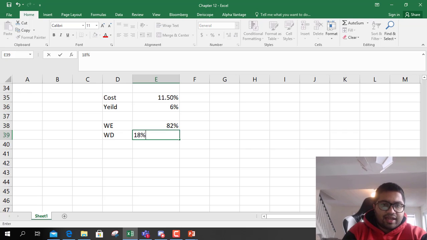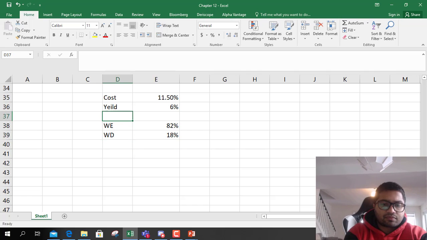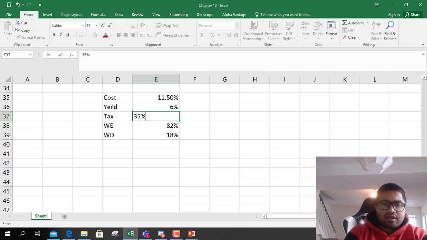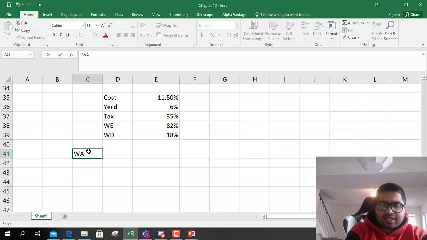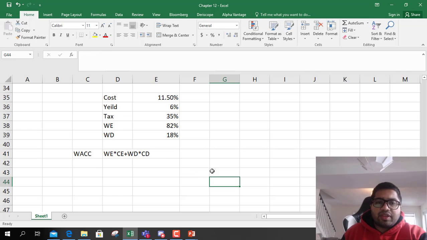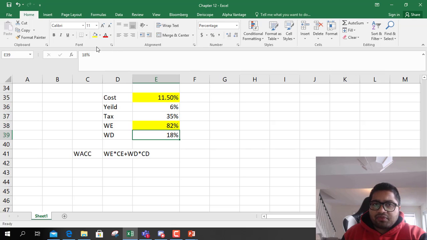Also the tax rate is given, 35%. Now to calculate WACC, WACC is what? Preference share is not there, so WACC becomes weight of equity into cost of equity plus weight of debt into cost of debt. Now we have cost of equity, we have weight of equity, we have weight of debt, but we do not have cost of debt.